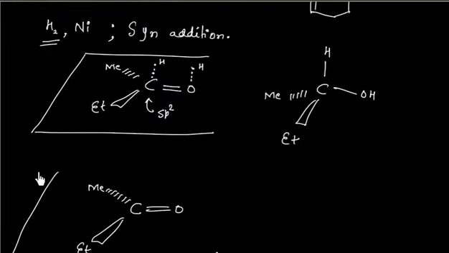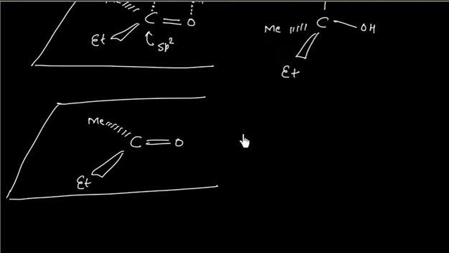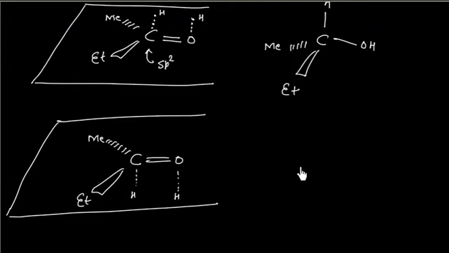Now if hydrogen is coming from the bottom face, that is from this side, in this case we will have hydrogen this side, methyl that is going inside, ethyl that is coming upside, and an OH group.